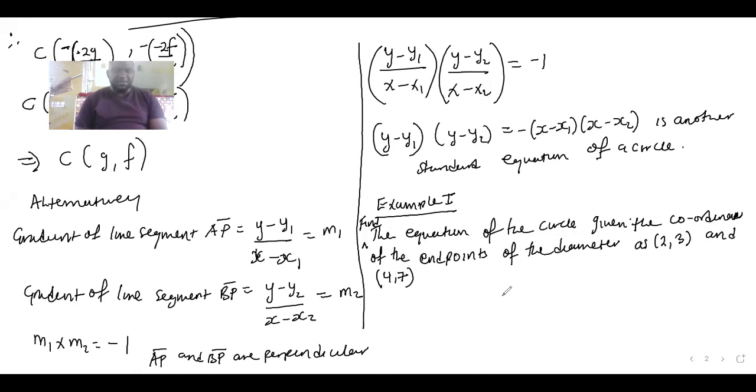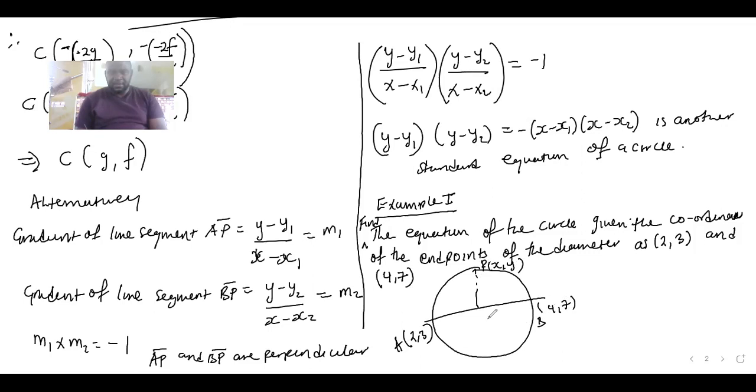So they have given us the coordinates of the endpoints of the diameter. What does that mean? It means that this is the circle. Then the diameter here has (4, 7), then it has (2, 3) this way. This is A, this is B. It can have a variable point P up there, (x, y). Then it also has a center, which is (G, F).